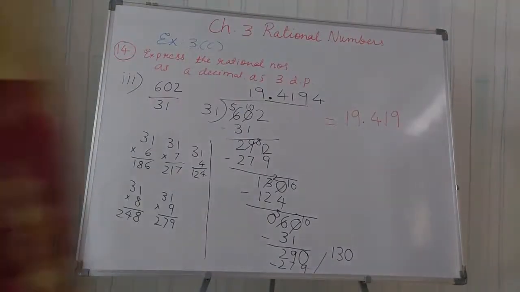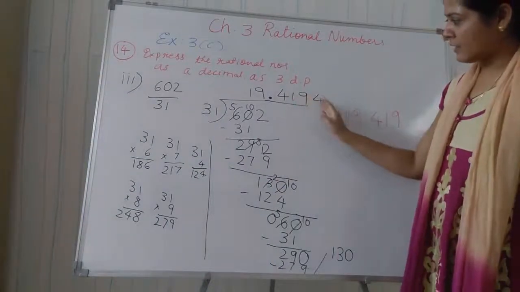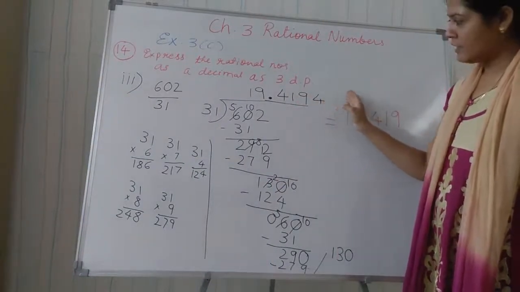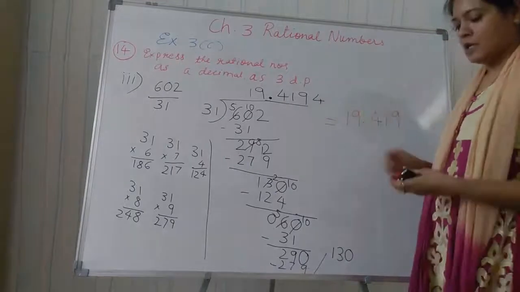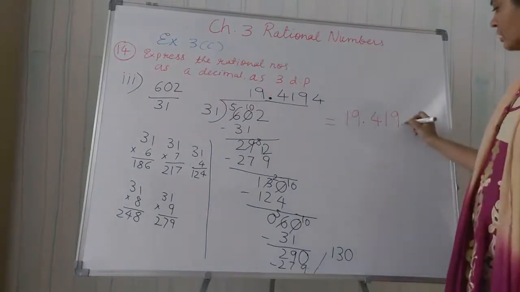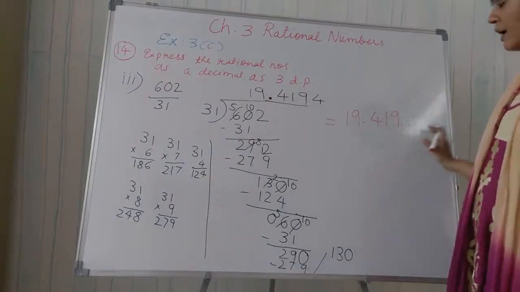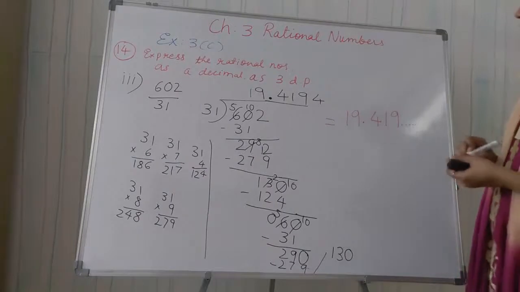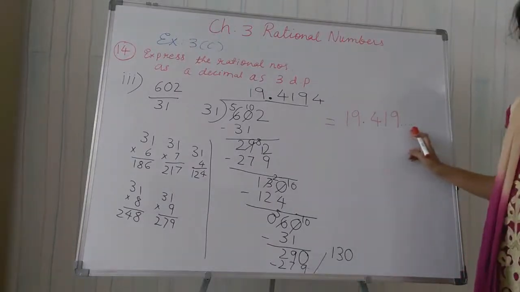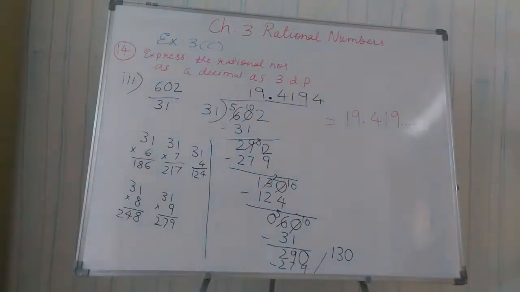One more thing students, you can see these numbers, 419, then again 4, then 19. It will be repeatedly coming. It means in this answer we have to put the dots. These numbers are not ending, so they are continuing. So for continuation, you can put the dots here after the 3 digits. So it will show that this process of division is not completed.